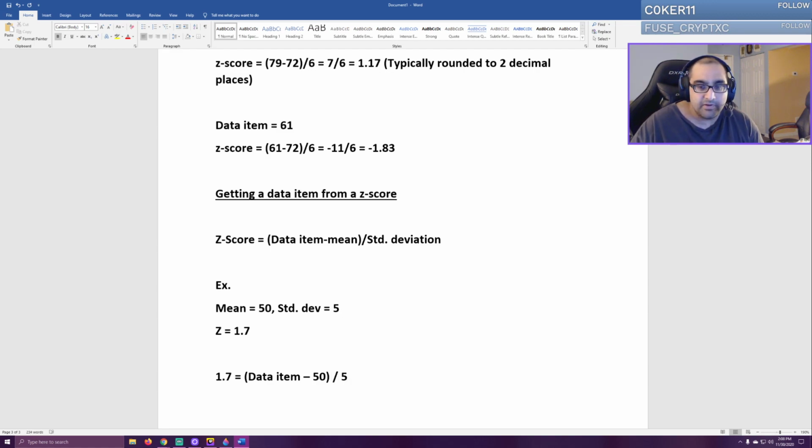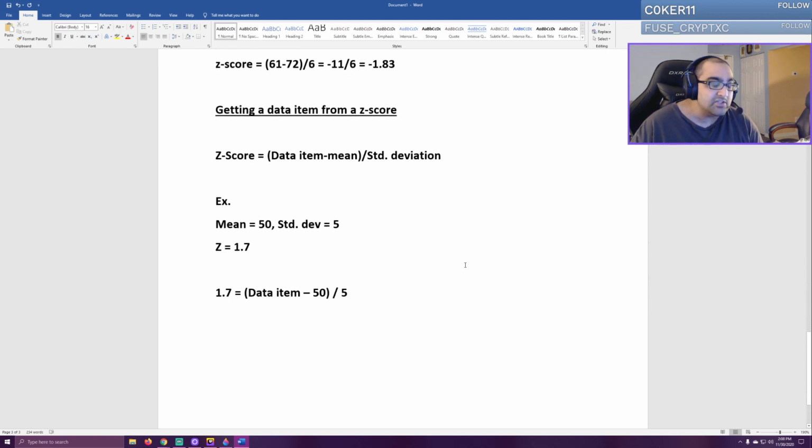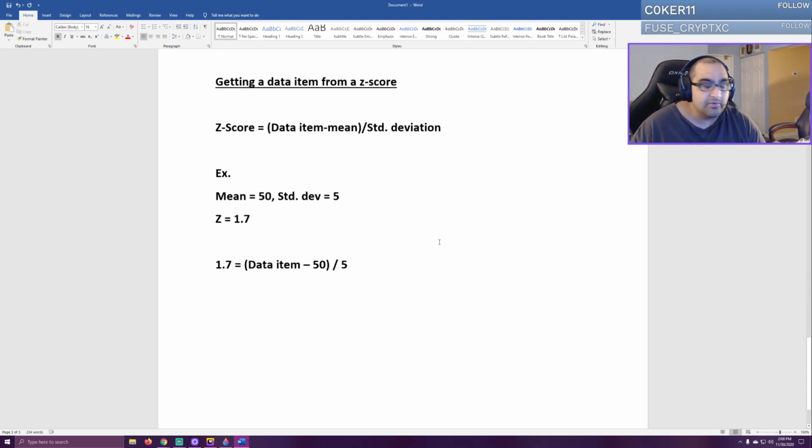Okay, next, what I'm going to do is basically to find that data item. We're just going to use some simple algebra. All I'm going to do here is, again, multiply by 5 on both sides. Okay, so on the left-hand side, I get 8.5.